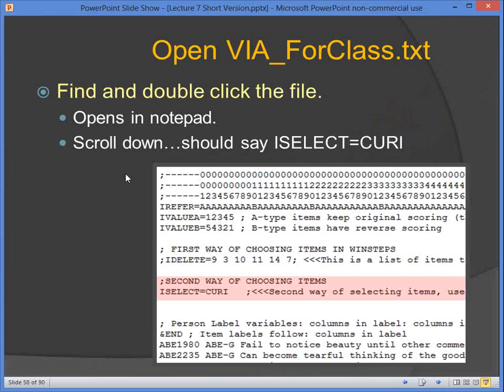You can go ahead and start WinSteps and run this file and then open it from the edit menu. Okay, were you guys able to open this file?